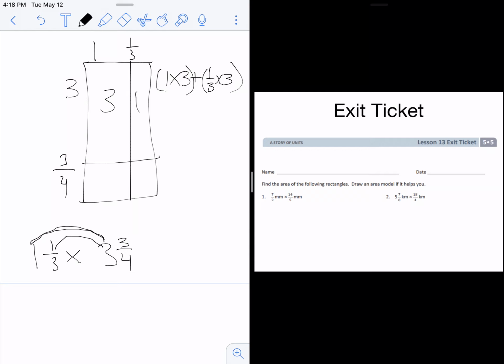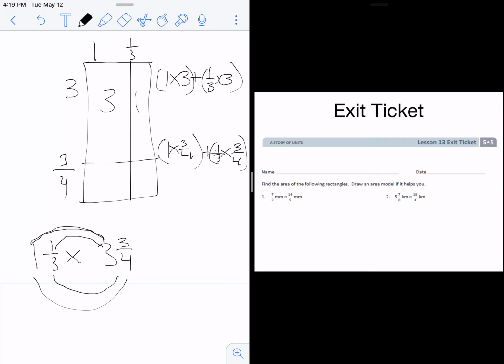And then on the bottom here, we have 1 times 3/4. And then we have 1/3 times 3/4. So that's our distributive property there.